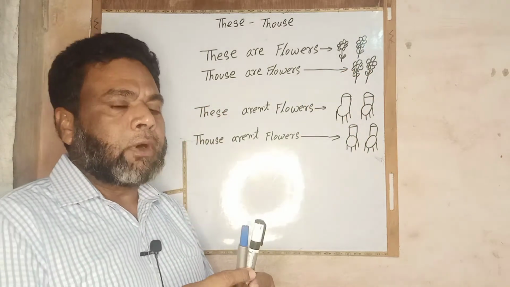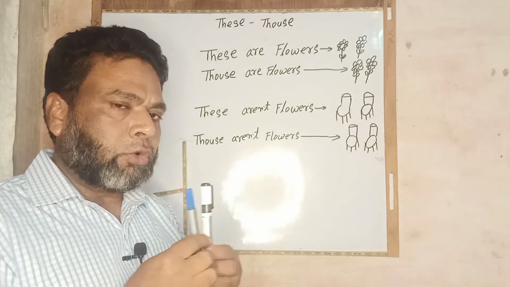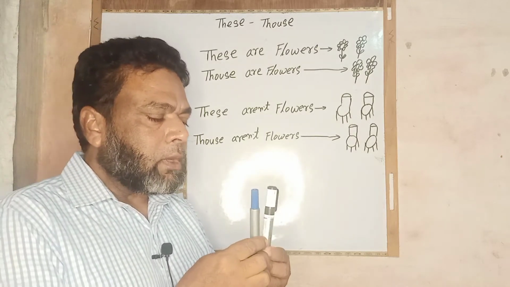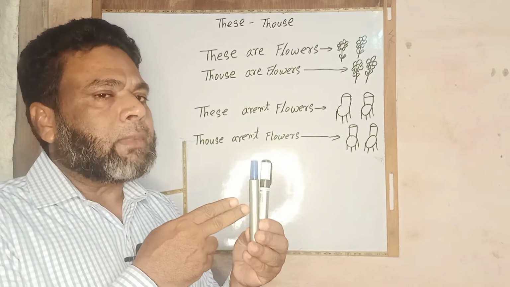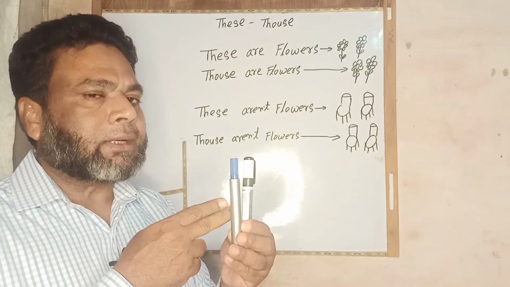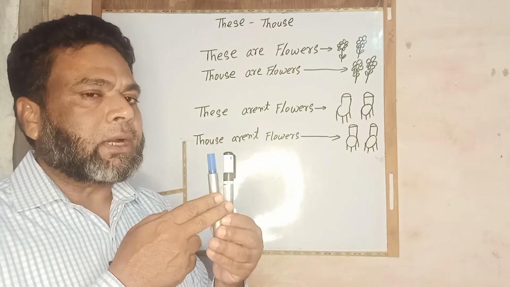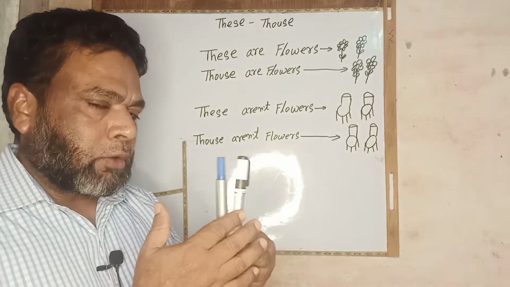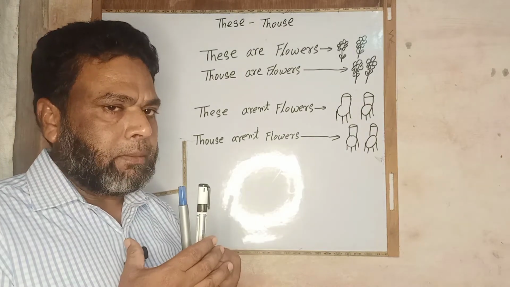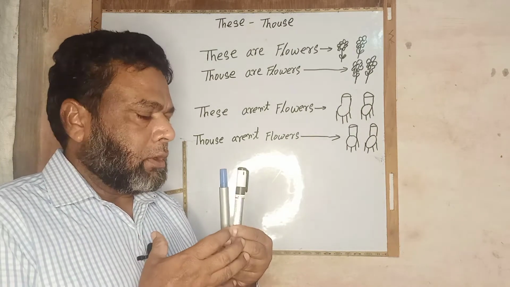But if more than one close to me, we say these are markers, because these are two markers, nearby me, close.